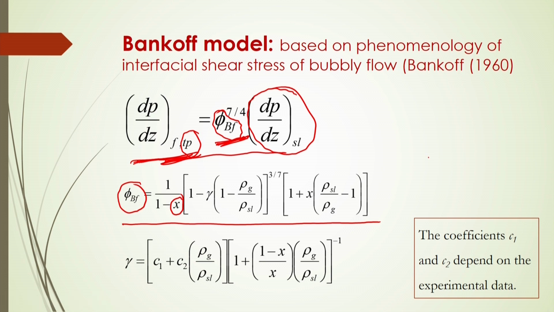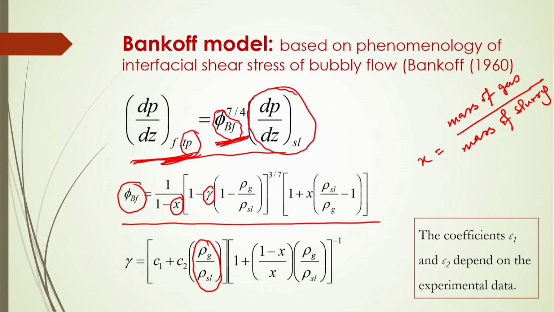This mass quality here, x, will be equal to the mass of gas divided by the mass of slurry. Slurry means here the liquid and solid mixture. So, x, and here gamma is one parameter. This gamma again is a function of the density ratio of gas to slurry and also the mass quality of the gas slurry mixture.